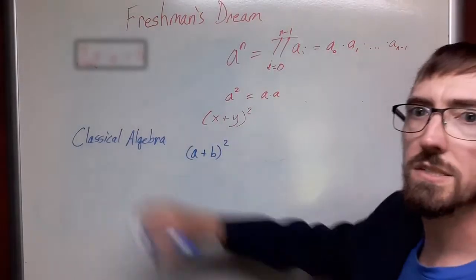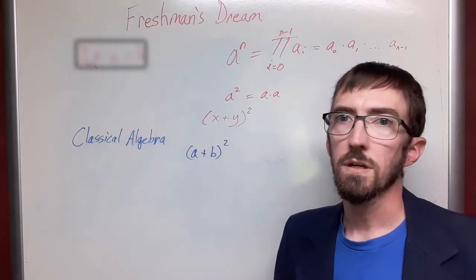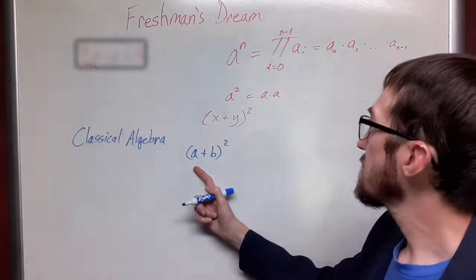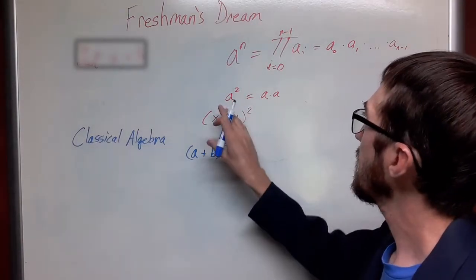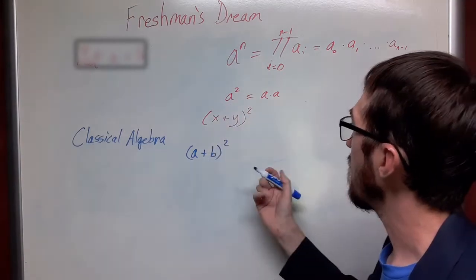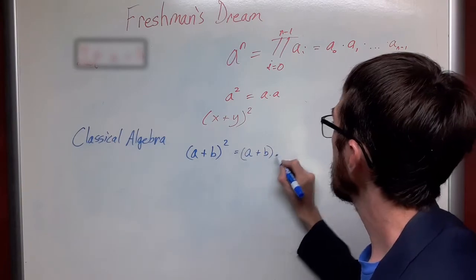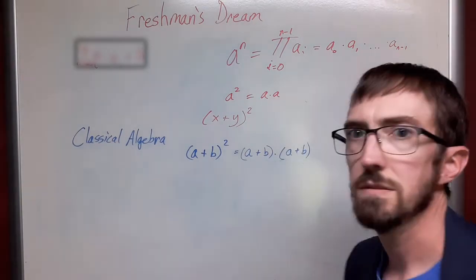Looking at classical algebra, this is the algebra that you learn in high school. We're going to look at this binomial squared. According to what we have established here, that's whatever the base is times itself. So this is a plus b times a plus b.